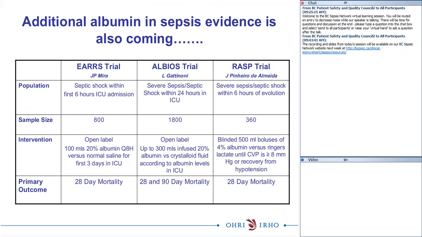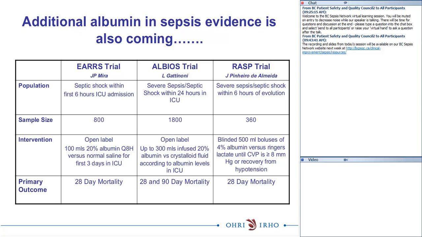And these first two trials, the EARS and Albius, looked at patients with severe sepsis or septic shock, and they actually gave these patients hyperoncotic albumin infusions rather than boluses of isooncotic fluid, and compared to crystalloid fluid, with primary outcomes of 28-day mortality or 28 and 90-day mortality. And hopefully that data will be published soon, so there should be more evidence coming to help us determine the role for albumin in sepsis.